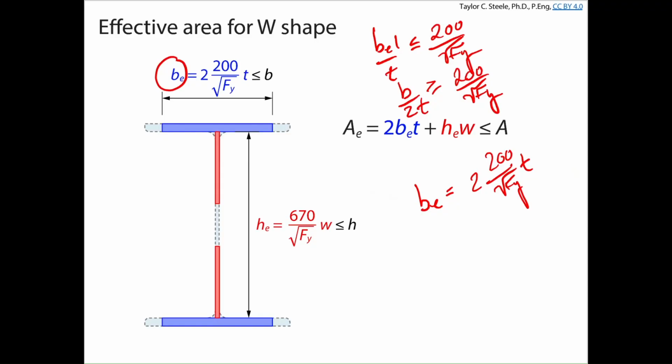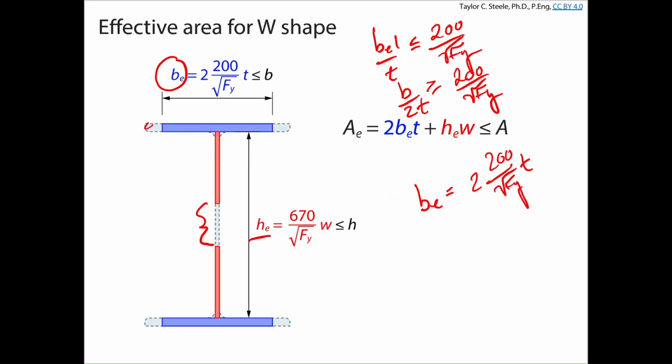Similarly, for the effective height, this one's a little bit weird because we're not taking it away from the edges. We're taking some area away from the middle of the web. And similarly, if we have an H value that makes H over W greater than 670 over the square root of Fy, we'll rearrange that to get an effective H value. HE is 670 over the square root of Fy times W. And we use those new cross-sectional properties to calculate the effective area.